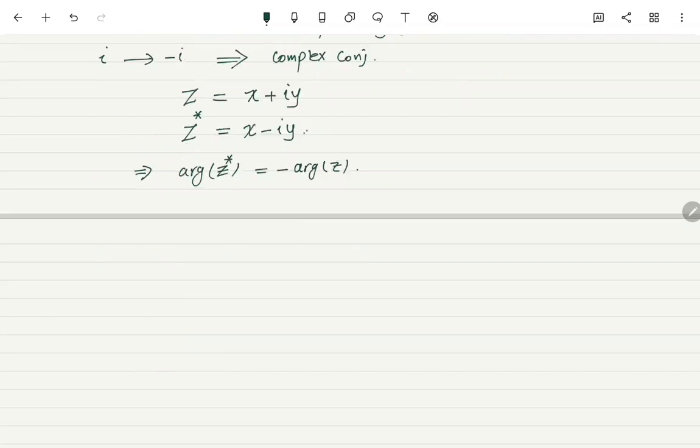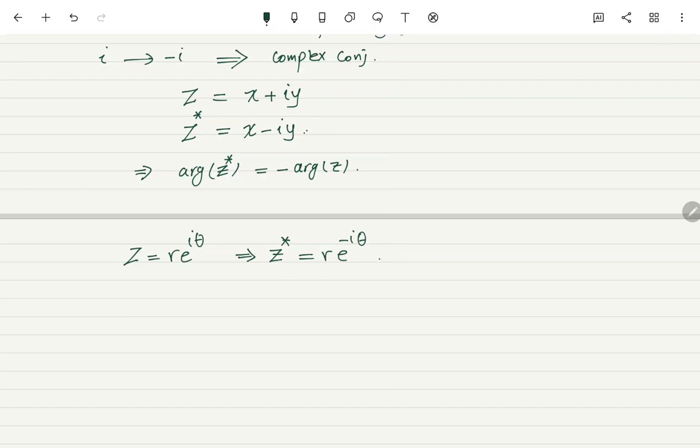Using the polar form of z, z here equals r e to the i theta. Now the complex conjugate equals r e to the, rather than using i, we should use minus i theta.